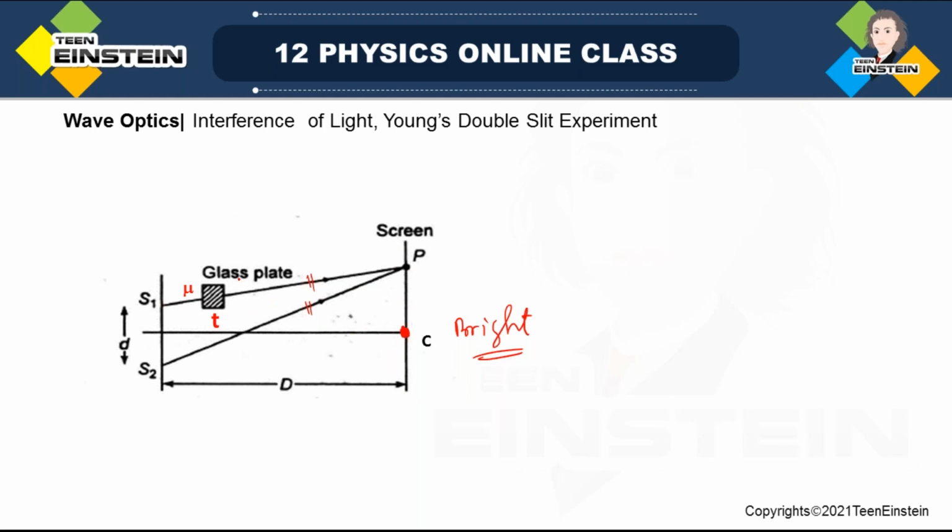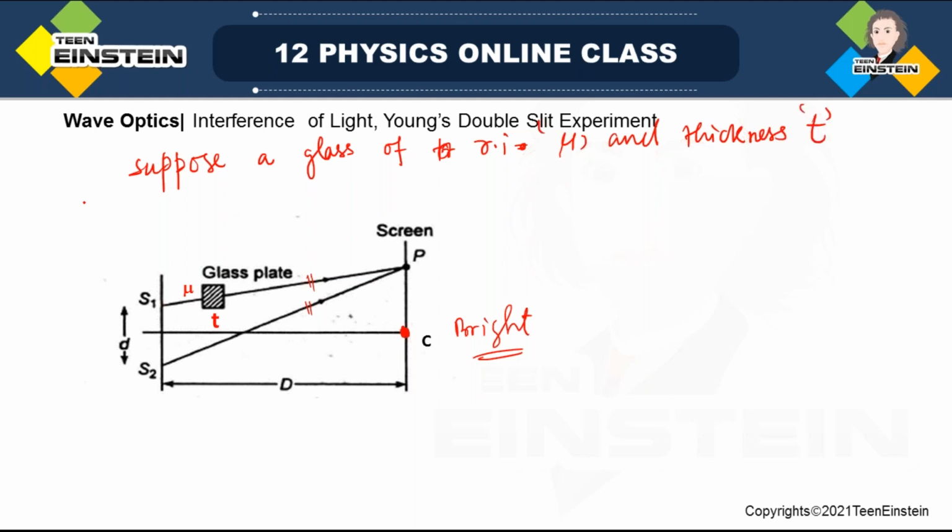Here we are taking one situation. Suppose a glass piece of refractive index mu and thickness T is placed in front of S1.